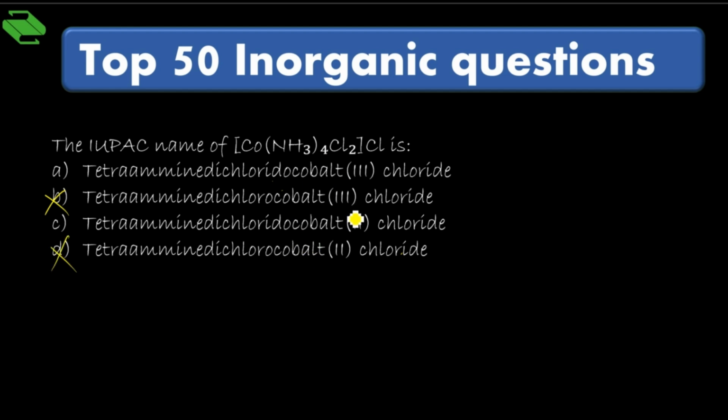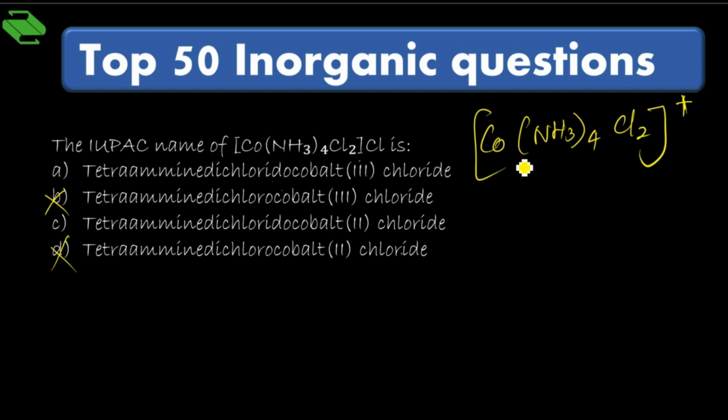Dichlorido. What would be the oxidation state? So the oxidation state is either 2 or 3. Here I am having the amine ligand, please remember. So Co(NH3)4Cl2, and here I am having the plus, the counter ion, which is only 1 Cl.